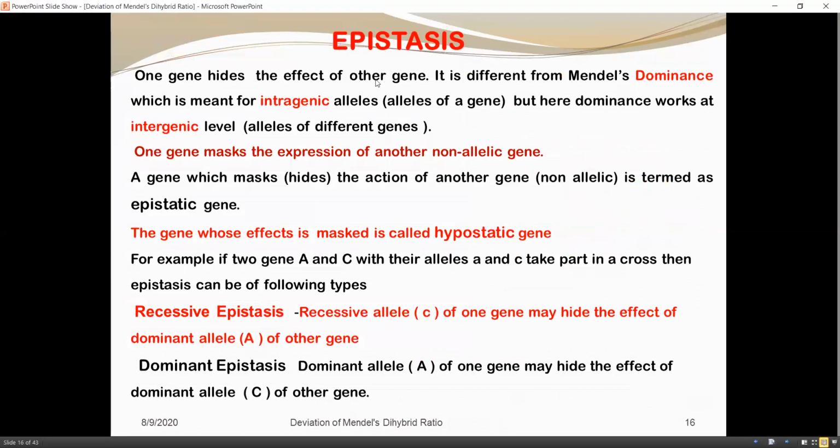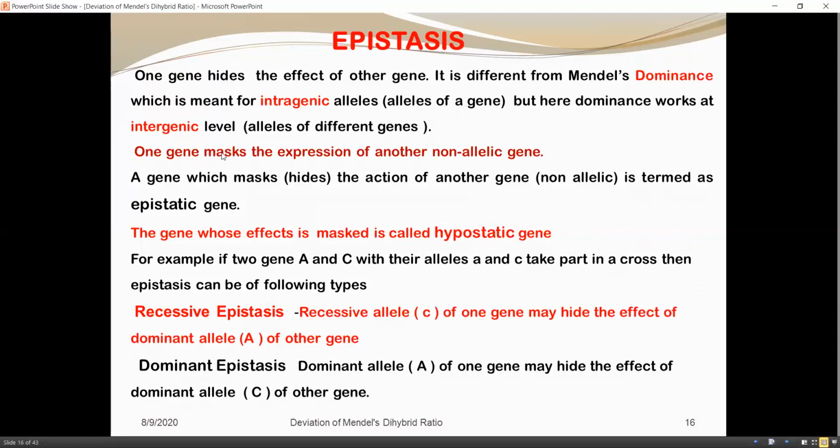Now, epistasis. Epistasis is something different from dominance. One gene hides the effect of another gene. It is different from Mendel's dominance, which was meant for intragenic alleles, alleles of a gene. But here, dominance works at the intergenic level, alleles of different genes.